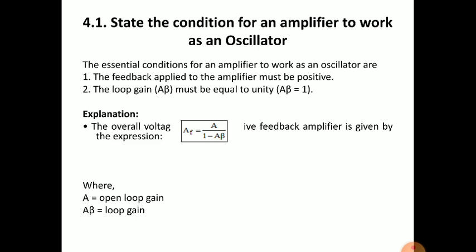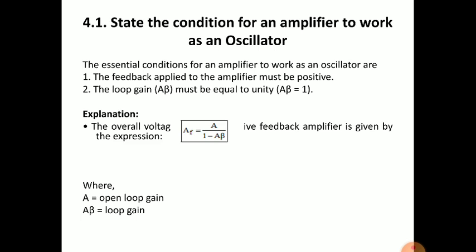The essential conditions for an amplifier to work as an oscillator are: the feedback applied to the amplifier must be positive, and the loop gain A beta must be equal to unity. If you remember from the feedback amplifiers concept, we have basic amplifier gain as A and feedback factor beta.